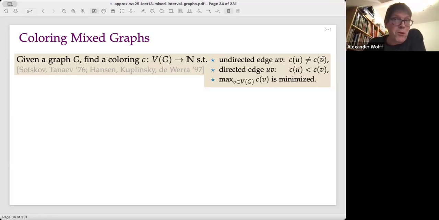That's the usual coloring constraint. But now we also have directed edges. And for such a directed edge from U to V, we want that the color of U is less than the color of V. And we want, as usual, to use as few colors as possible.